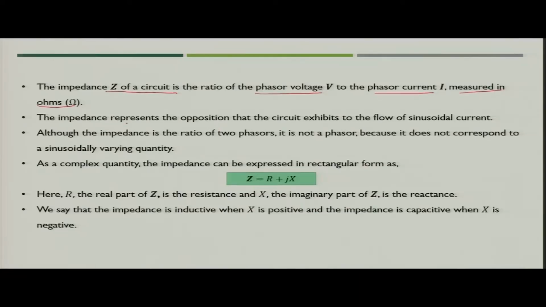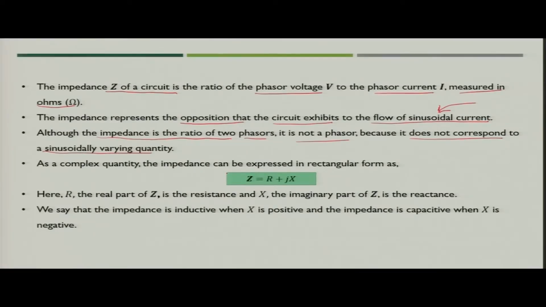Impedance represents the opposition that a circuit exhibits to the flow of sinusoidal current. So, whenever the impedance term comes into the picture, it means the circuit is an AC circuit and the current is sinusoidal. Although impedance is the ratio of two phasors, phasor V divided by phasor I, it is not a phasor because it is not a sinusoidally varying quantity.